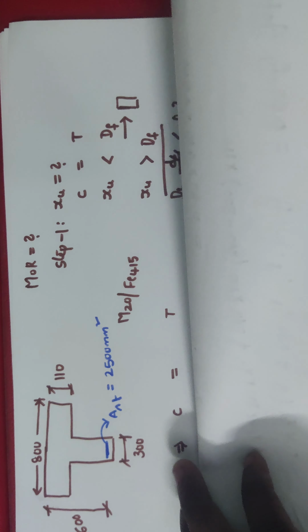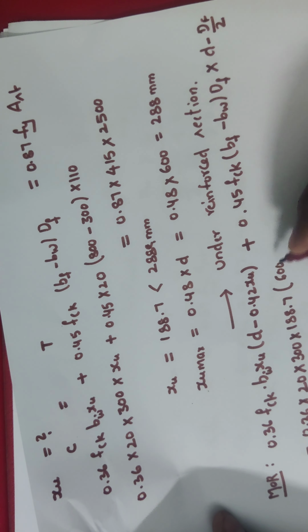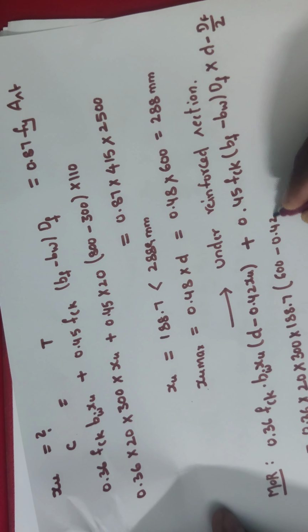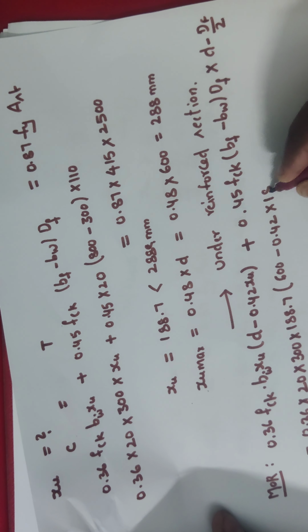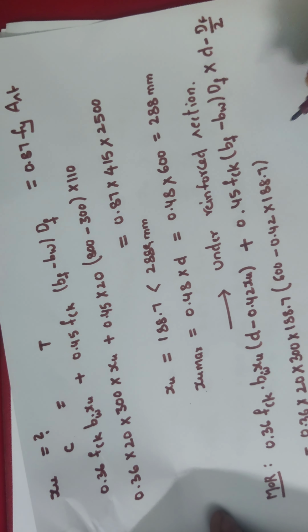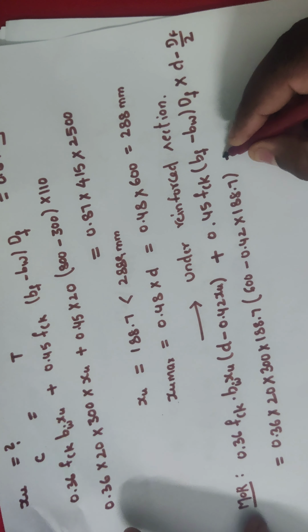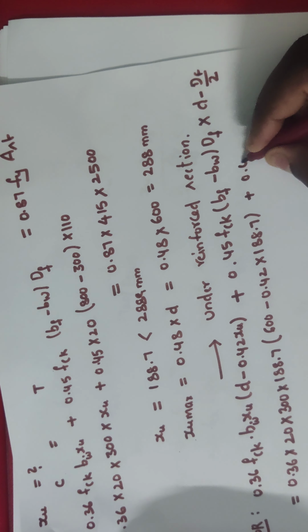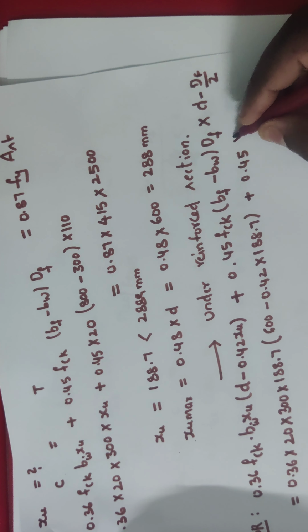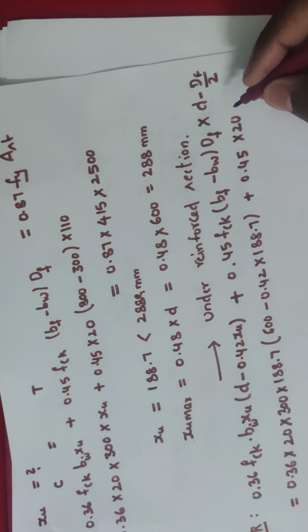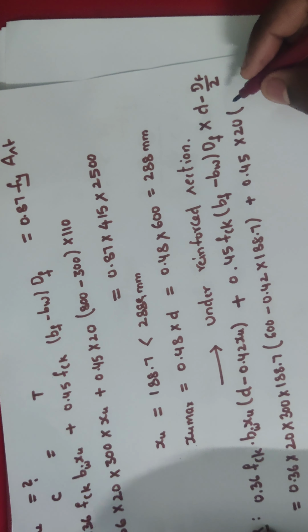Overall depth is 600 minus 0.42 XU 188.7, plus 0.45 FCK 20, breadth of the flange.